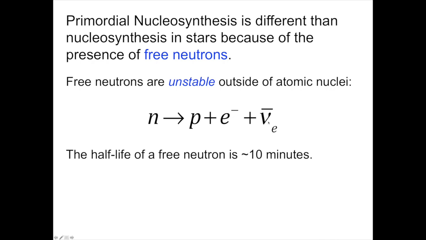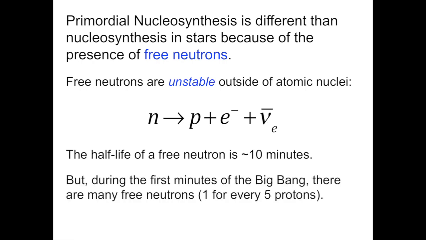However, during the first few minutes of the Big Bang, the universe is not old enough for most of the neutrons to have decayed away into protons, electrons, and neutrinos. And therefore, during this brief 10-minute window, the universe is actually quite rich in free neutrons.